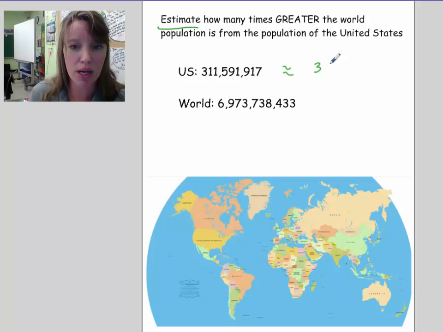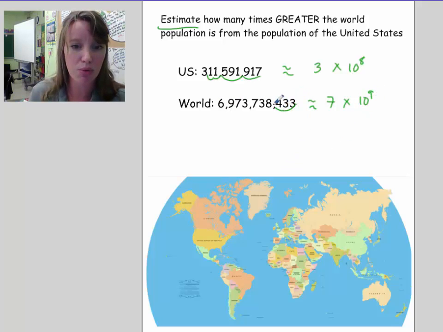So that's 3 times 10 to the 8th power, right? We go over 3 spaces, then 6, then 7, and 8. Whereas the world population is around 7 billion, so that's 7 times 10 to the 9th power.